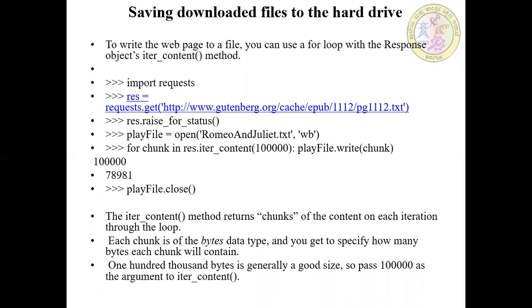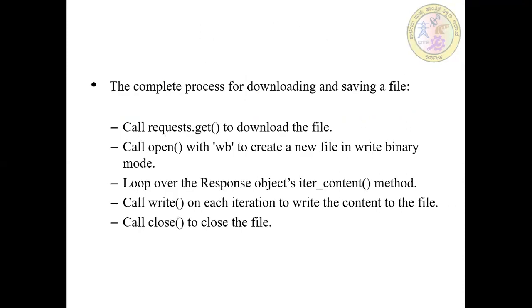The iter_content method returns chunks of the content on each iteration through the loop. Each chunk is of the bytes data type, and you get to specify how many bytes each chunk will contain. 100,000 bytes is generally a good size, so pass 100000 as the argument to iter_content.